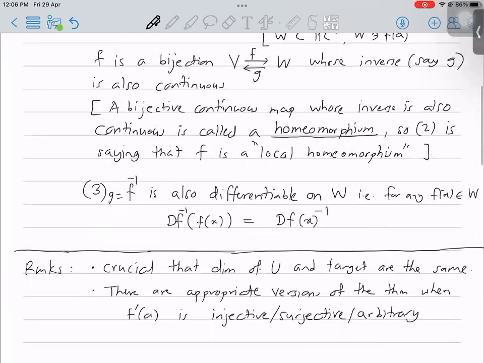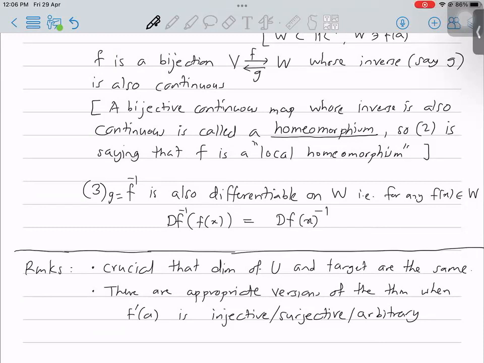You have to modify the statement suitably, but the statements also become a little more complicated. The second version, when f prime is surjective, we will call the implicit function theorem. So these things may seem more general, but they can be deduced as a corollary of this inverse function theorem that we are proving.